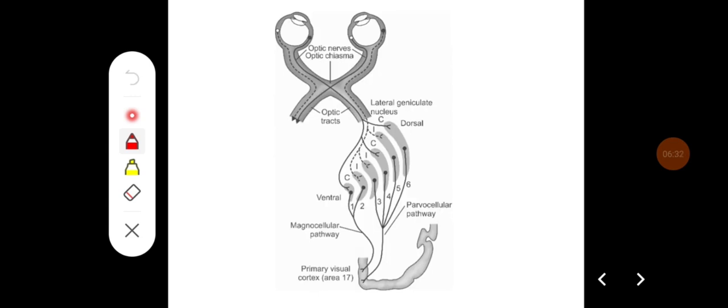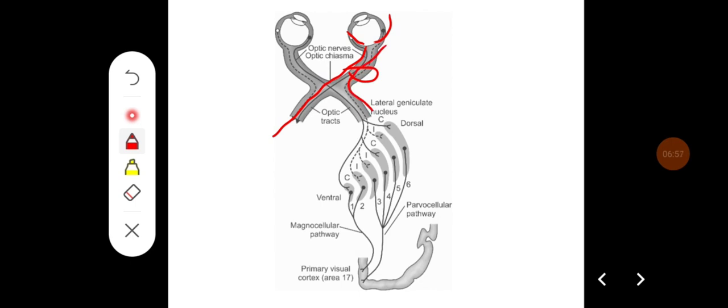This is the diagram showing visual pathway, where you can see that the optic nerve contains the nasal fibers and the temporal fibers of the same eye, and the nasal fibers decussate to the opposite side, whereas the temporal fibers run on the same side of the brain.